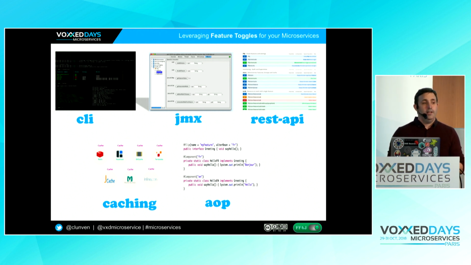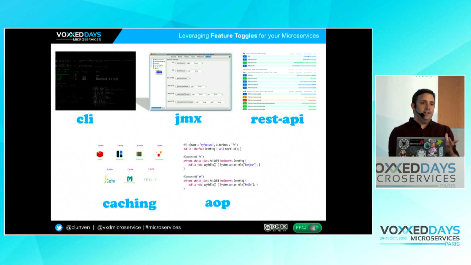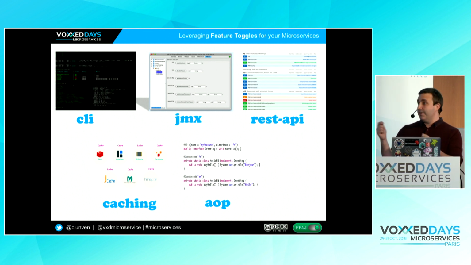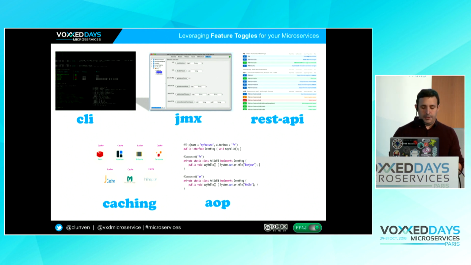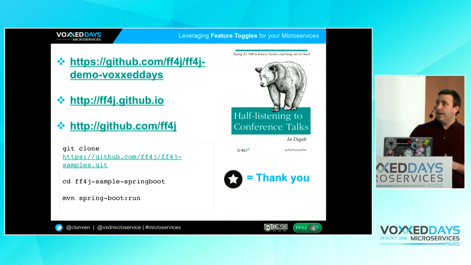And AOP, because we would like to do flipping using annotations and not only ugly if-then-else conditions in your code. So you put an annotation on the interface and another annotation on multiple implementations, and FF4G will choose for you which one to pick. So if you like it, everything is available on GitHub at those URLs.